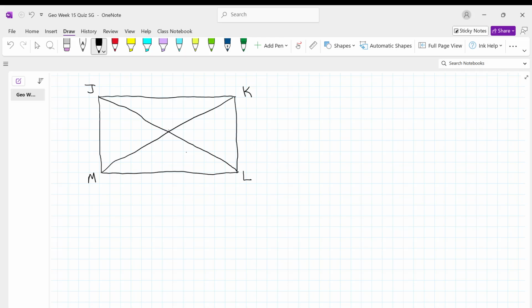The midpoint of our diagonals, that's point P. If the measure of JKL, all right, this whole corner, the measure of angle JKL is equal to 2x plus 4.